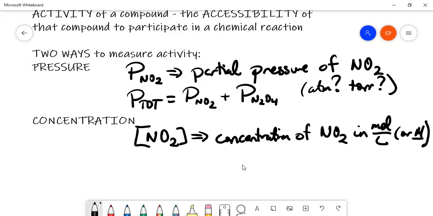Okay? I'm much more frequently going to be using concentration as my measure of activity than I'm going to be using pressure. And there are a couple of reasons for that I'll get into.